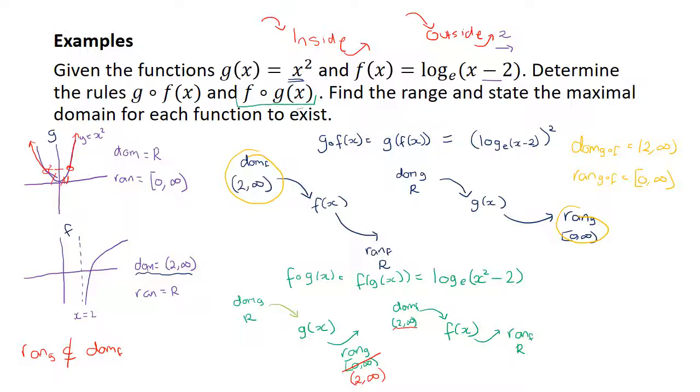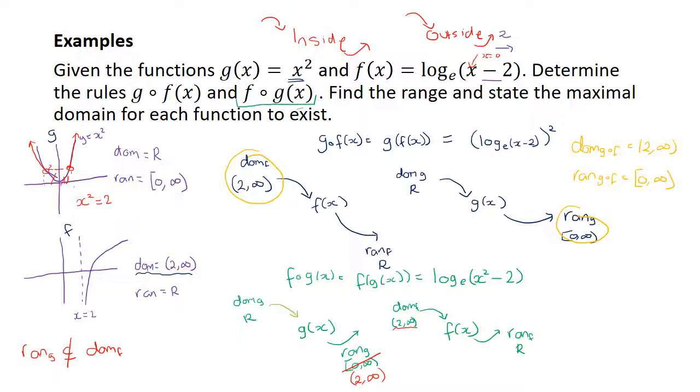If I tried to substitute a value of 0 in here, x equals 0, into my f of x function, I would get log e of negative 2, which is not possible. We can't have logs of negative numbers. So I have to change my range. Now if I'm wanting my range from being 2 to infinity, I've got to figure out what the corresponding domain is, which means I have to figure out what these x values will be. So I let my equation x squared equal 2.